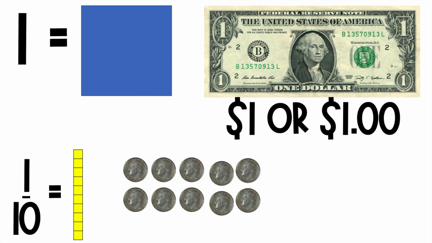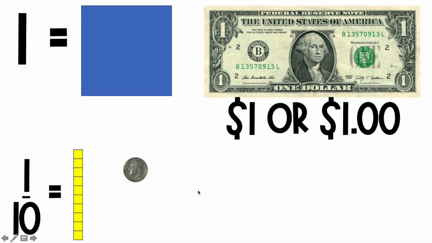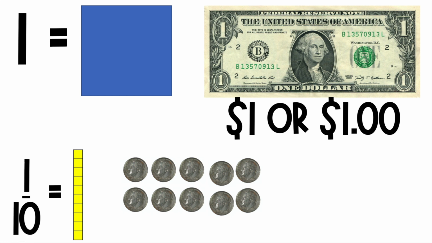You need 10 of those to make one whole dollar because each one's worth 10 cents. So you need 10 dimes to make one whole dollar, just like you need 10 of these rods to make one whole square, right? So if you just have one dime, then you only have 1/10 of a dollar because you need 10 of them to make a dollar.